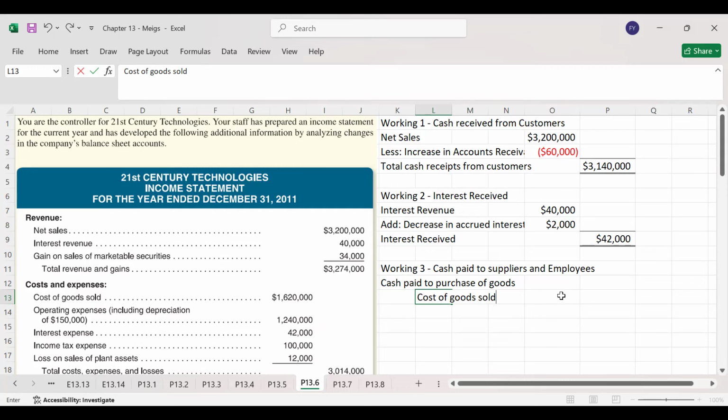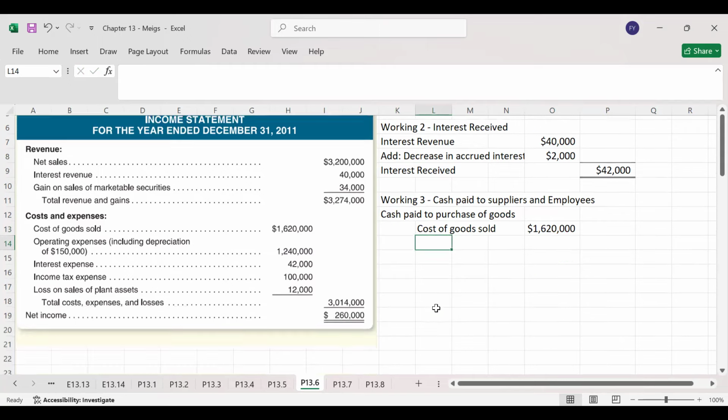So take it in the inner column, which is $1.62 million. Then we adjust any increase or decrease in the inventory.